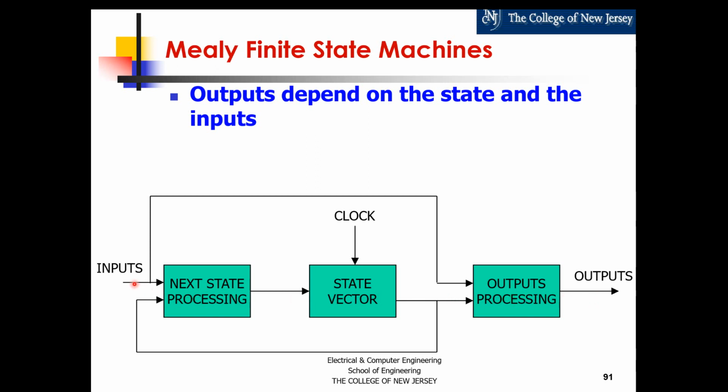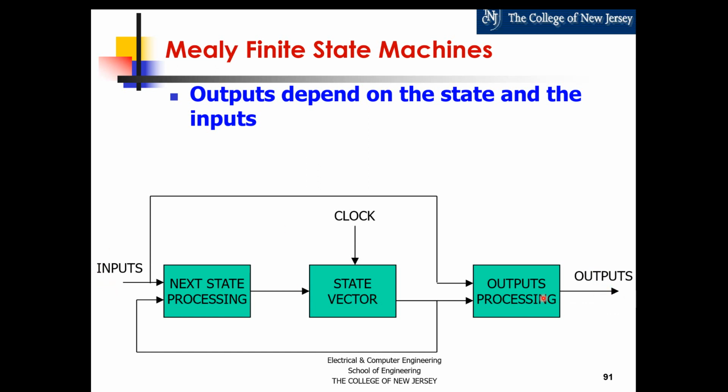So this could have, let's say, an instantaneous impact on the output, while with the Moore, where you have to go through the next state logic and to the state vector, you will always have, from a timing perspective, at most one clock cycle of latency or delay for the outputs to change in response to an input.